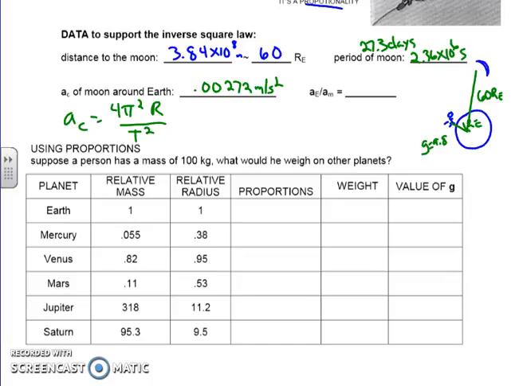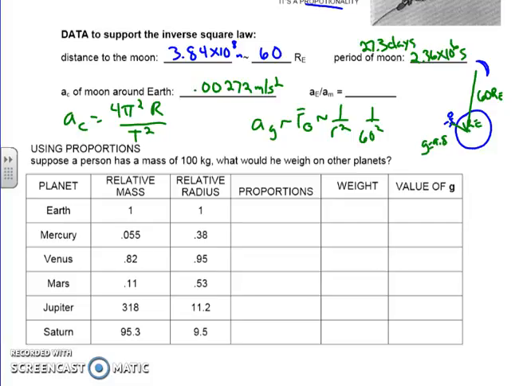And according to this hypothesis, if it's 60 times further away, then if the acceleration due to gravity is proportional to the force of gravity, and the force of gravity is inversely proportional to the square of the distance, then the acceleration due to gravity of the moon around the Earth should be 1 over 60 squared less than that on the surface of the Earth.